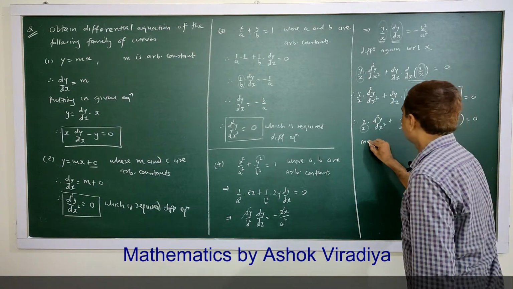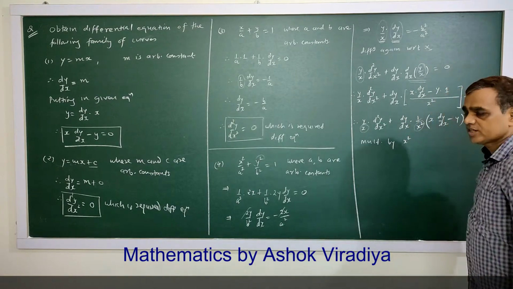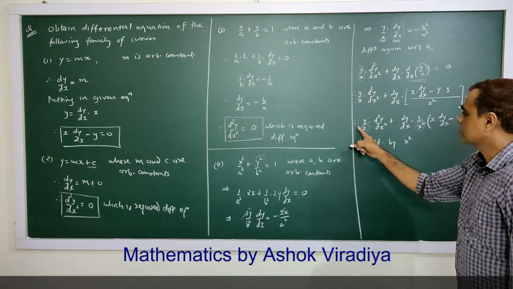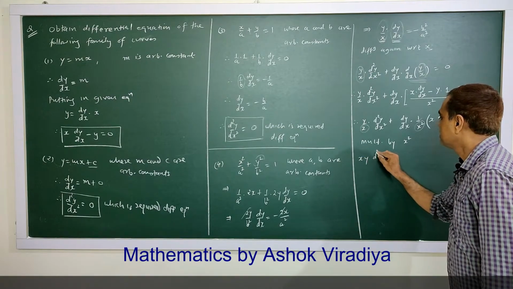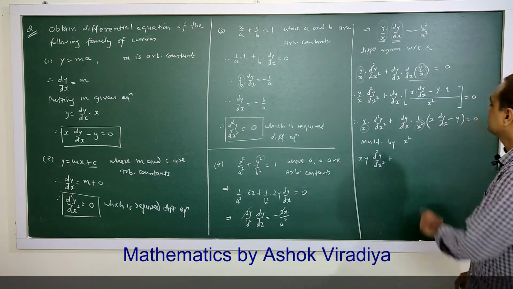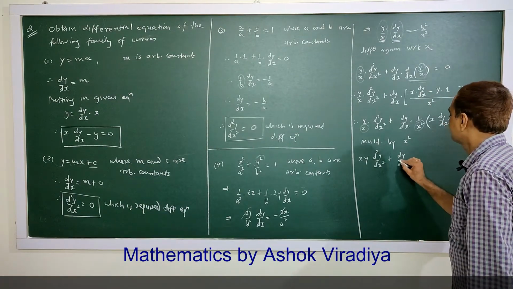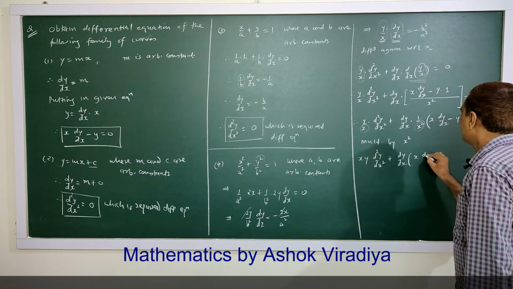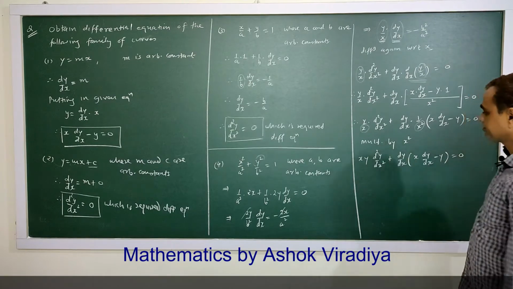Multiplying by x square, x square upon x is x. So x into y d square y by dx square plus dy by dx into x dy by dx minus y is 0.